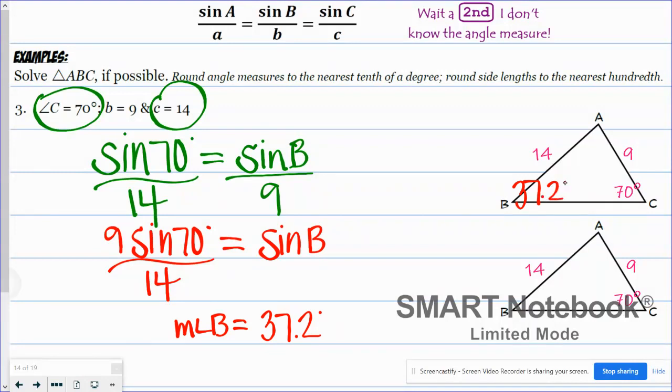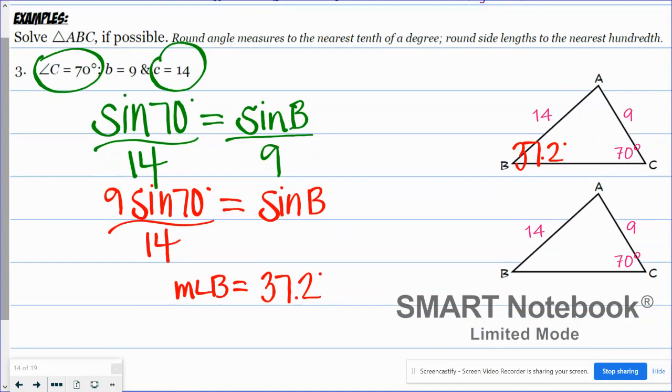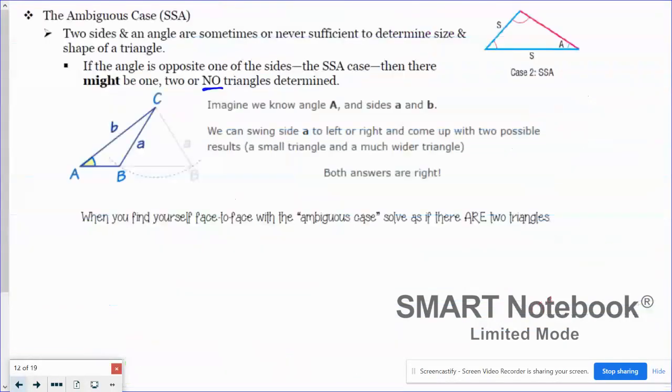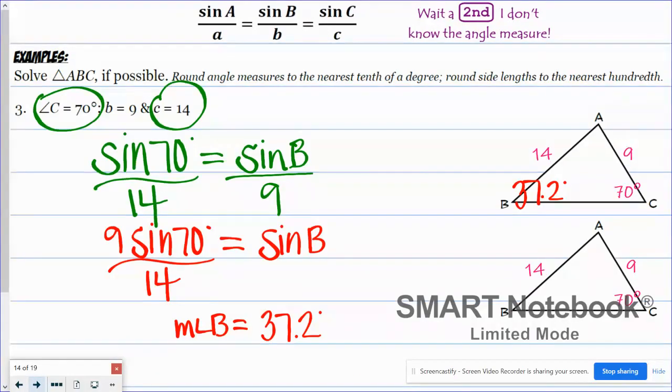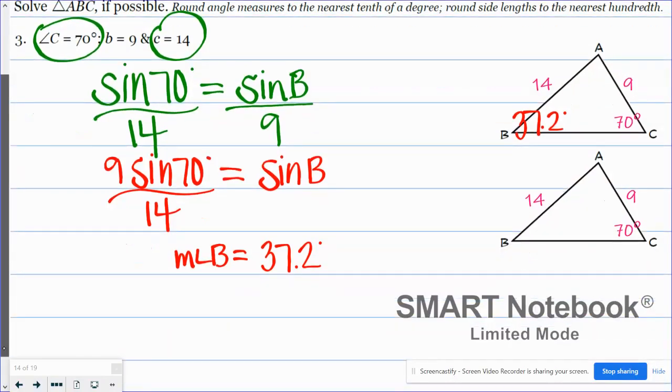But remember, I'm supposed to pretend like there's two triangles. I just want to go back to this diagram here that shows that there are two possible angle B's, and you'll notice that they're supplementary. So these two angle B's add to be 180. So that's what I'm going to do with my two possible angle B's.